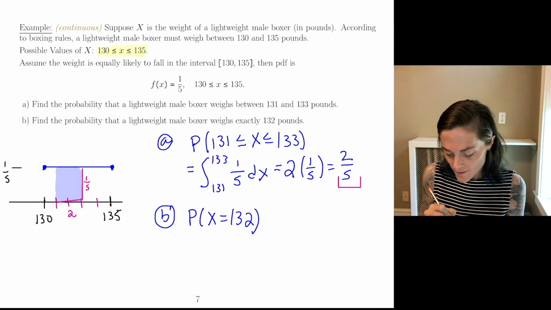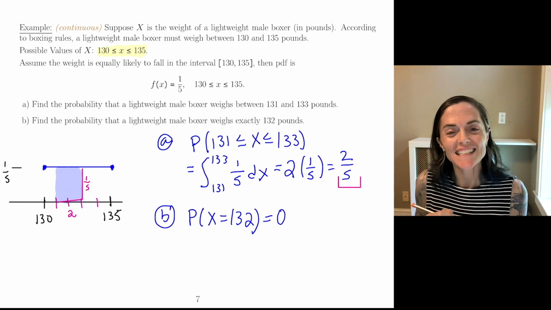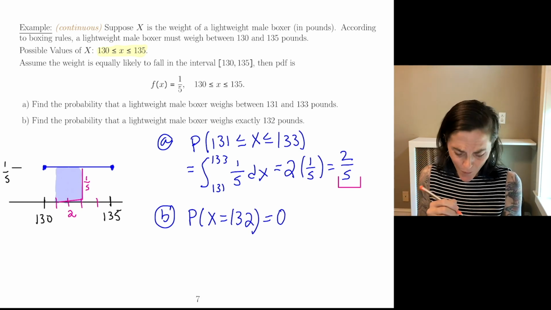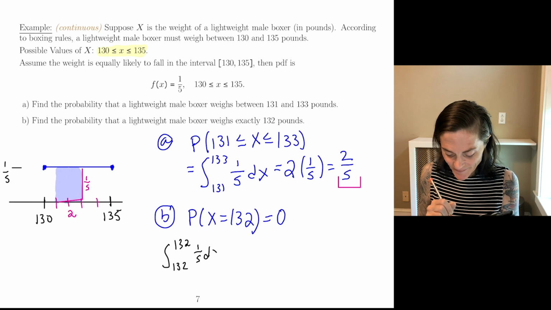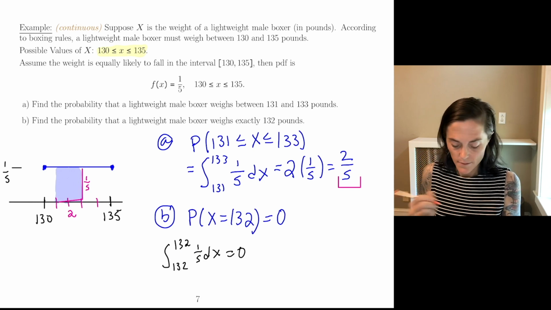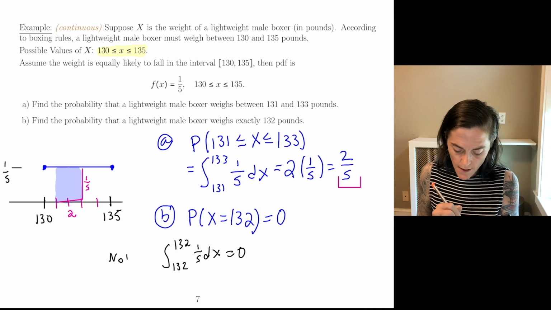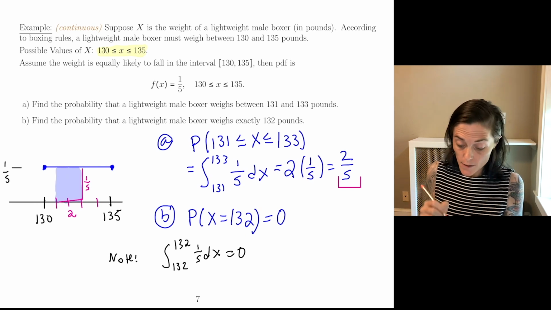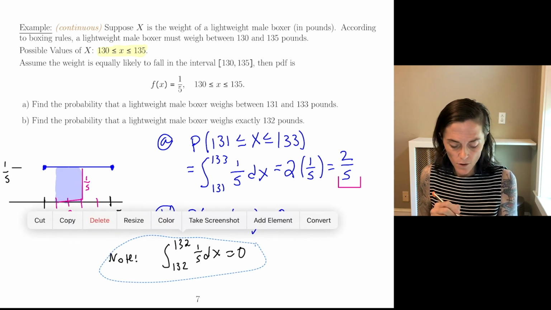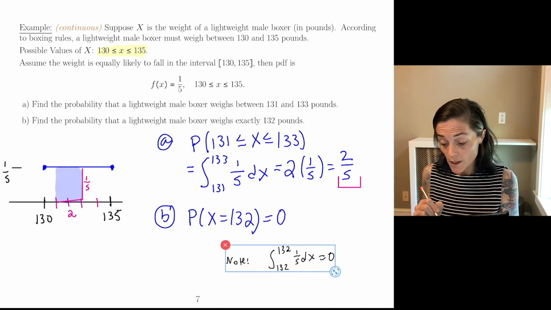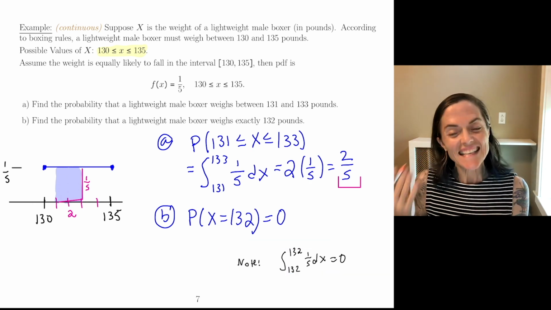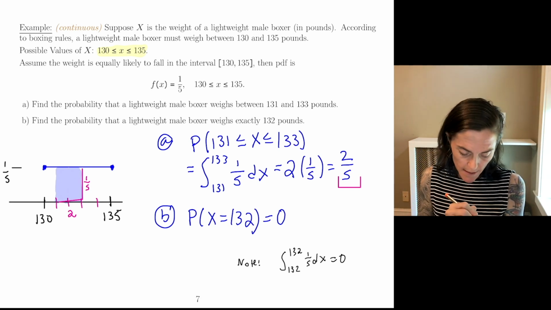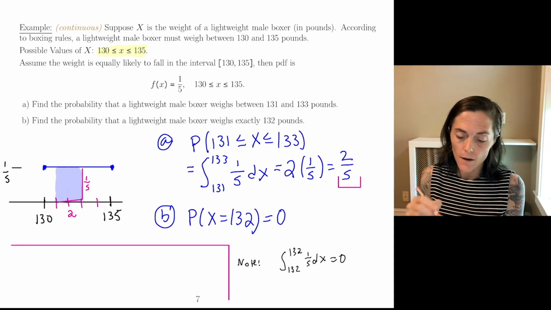Well, this is 0. Another way to think about this, what would this be? If you integrate from 132 to 132 of anything, you just get 0. Well, maybe I will say this as a note. I think about it in terms of areas, but it is also the case, properties of the definite integral, that if you have the upper and lower limit the same, this integral is 0. And this is important here. So I'm going to even write this. So this is a remark I'll put down here.